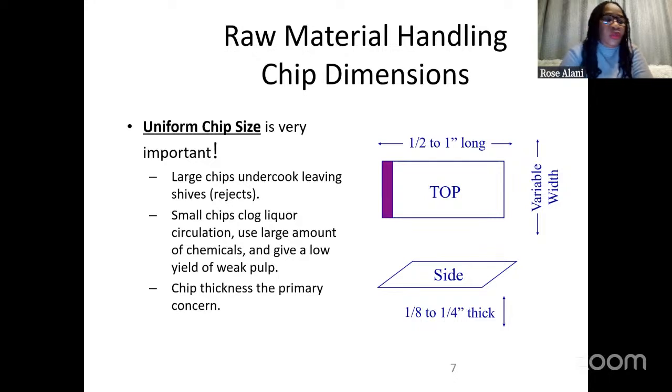Why is it so? Very large chips undercook, leaving chives. Chives are the rejects. Let me just use an example for you. Maybe you have seen some exercise books that are not really white in color. They're somehow brownish, and they have some little pieces of wood in them.